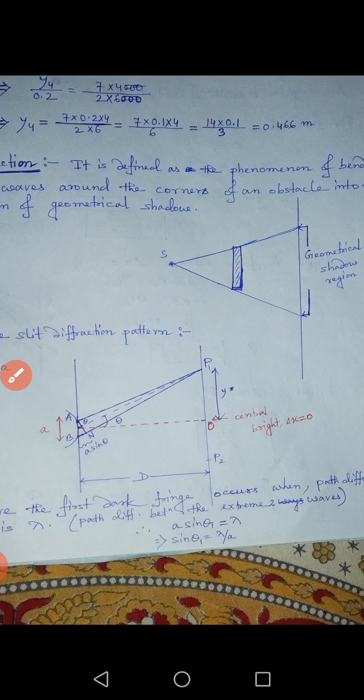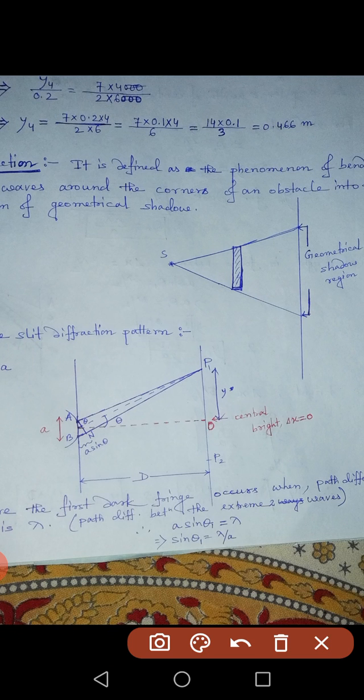Next, see here, when we have drawn this diagram, it is a magnified version of the actual thing, because the actual thing happens only within a few millimeters. Within a few millimeters, this pattern gets over. So if it is a very magnified version, then this angle theta originally is a very small angle.